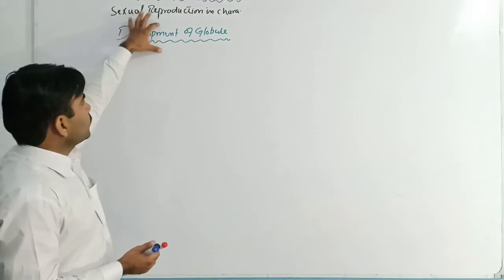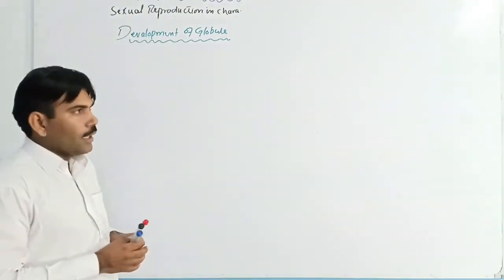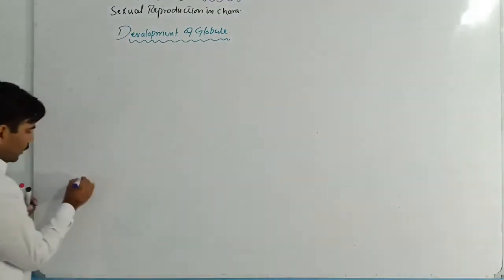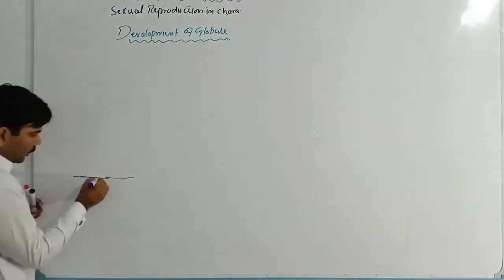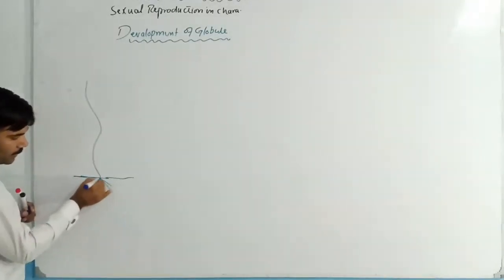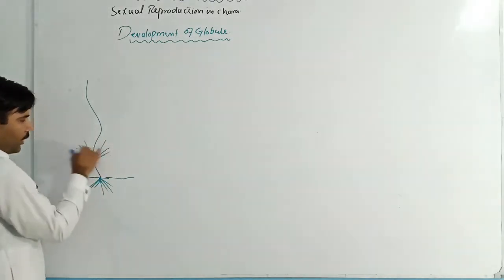So this globule is developed on the nodal cell, and we know that if you try to draw, these are the rhizoids. Basically it is the structure of a plant body of a chara.